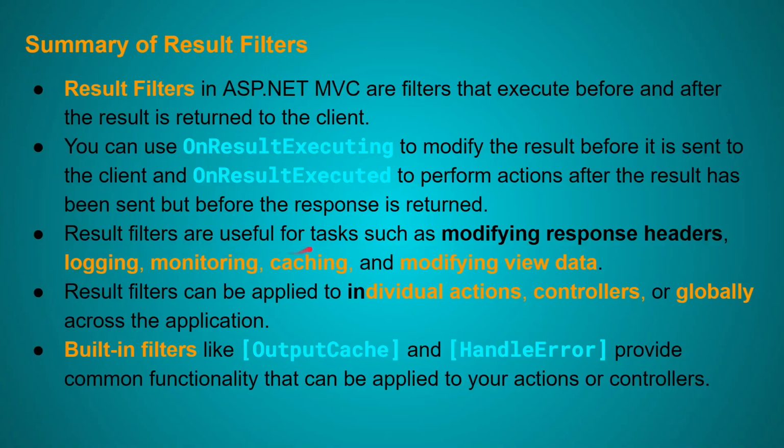Result filters are useful for tasks such as modifying response headers, logging, monitoring, caching, and modifying view data. Result filters can be applied to individual actions, controllers, or globally across the application.